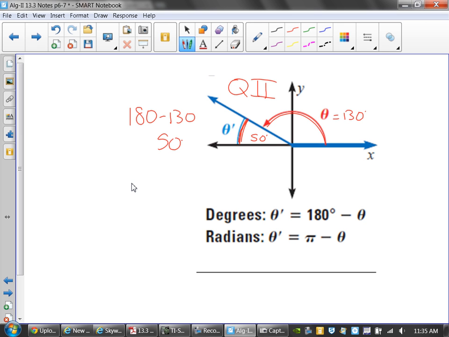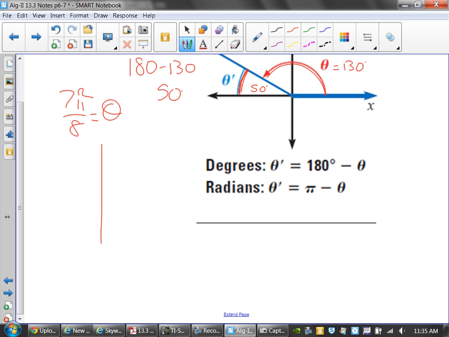If I'm in the second quadrant and I'm dealing with radians, that means I'm between pi over 2 and pi. Everybody agree? So if I say 7 pi over 8 is my theta, that angle will lie within the second quadrant.